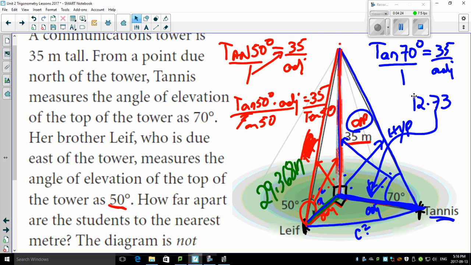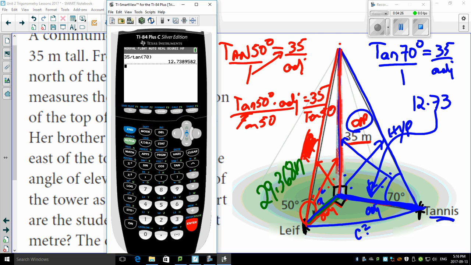Okay, so a squared, which was 29.368, so 29.368 squared plus your b squared. Well, my number is still right here, so I might as well just use second answer. Plus second answer squared, okay, equals that.